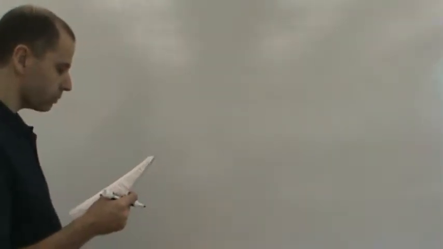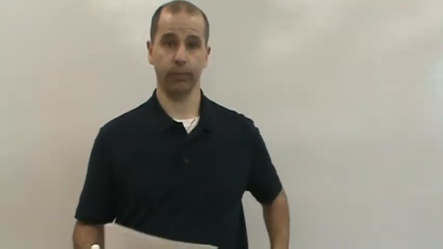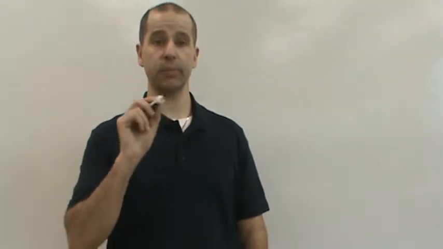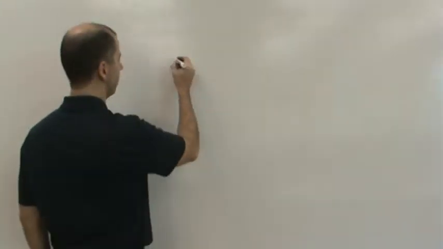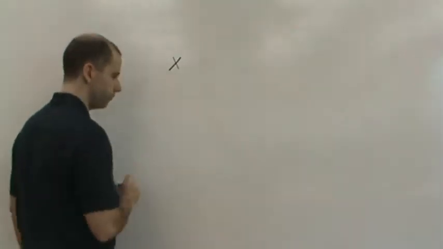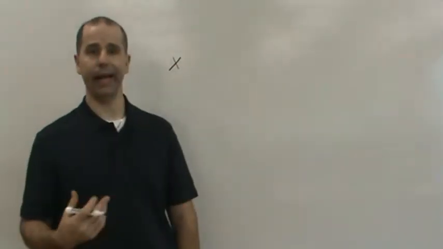Here is the variable notation. We're going to use capital letters for random variables. We're going to use lowercase letters to denote a specific value of the random variable. So for example, I might use the letter X to represent height.